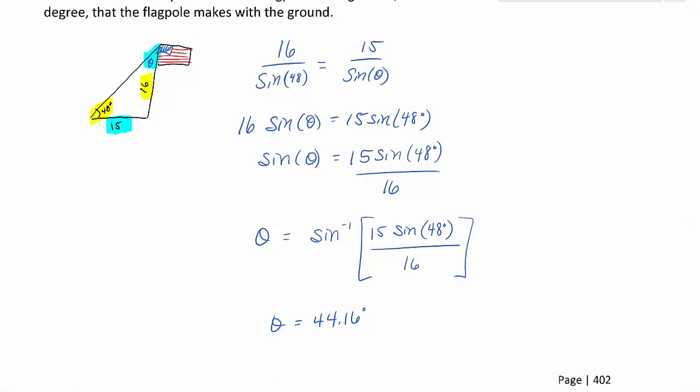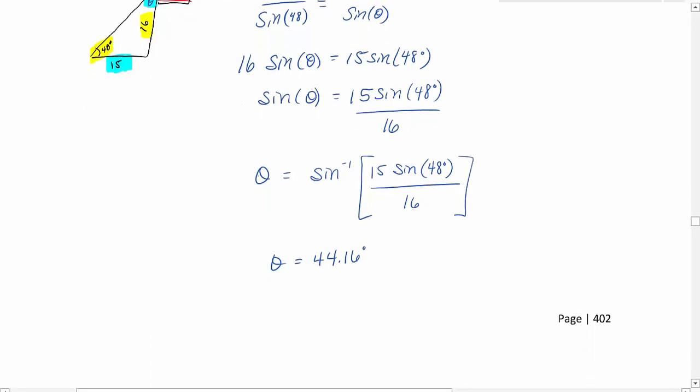Since this is the ambiguous case, it is possible that we have a second triangle. So we really do have to go through our second triangle test.